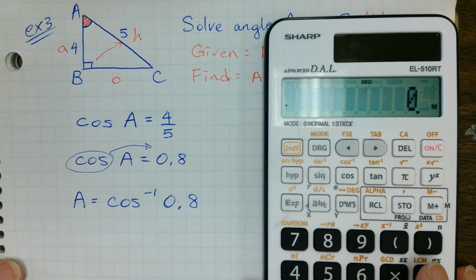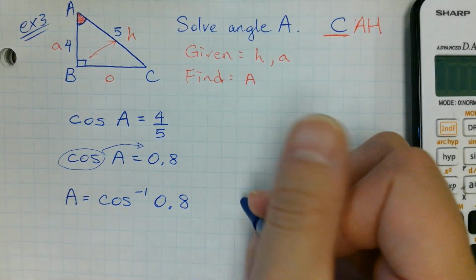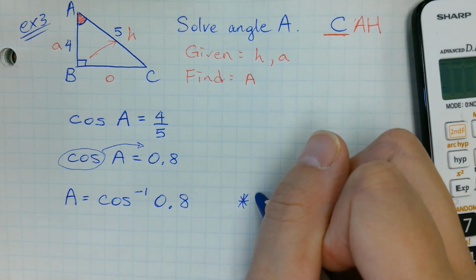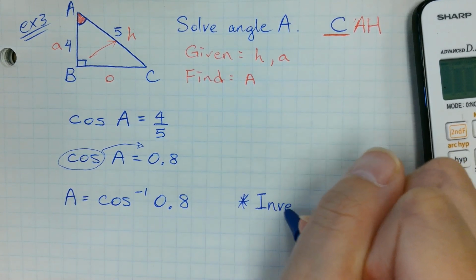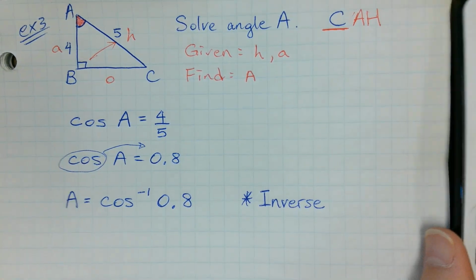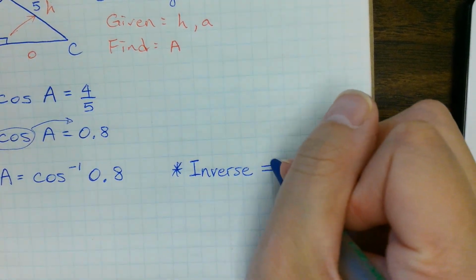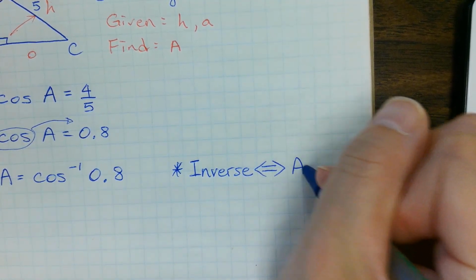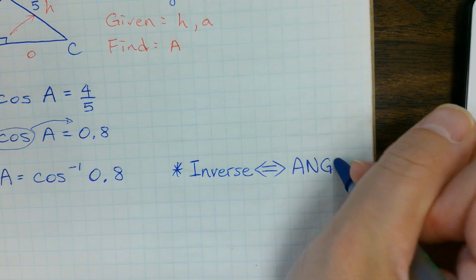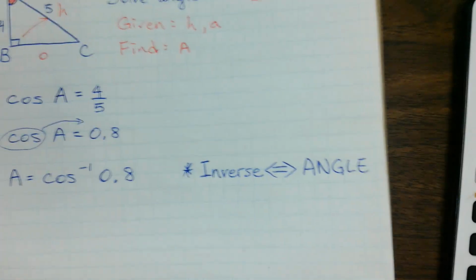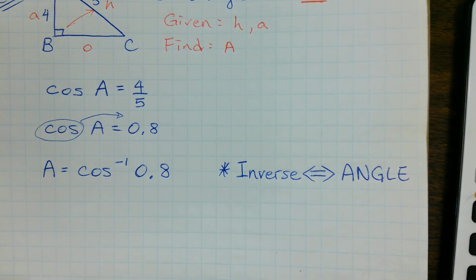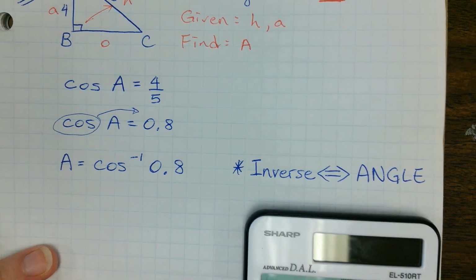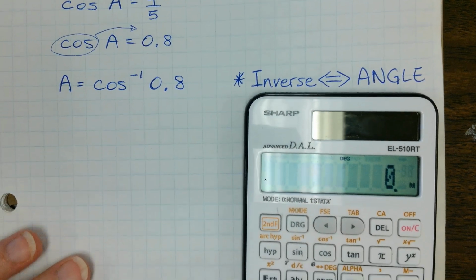Okay. So let me write that on the side. Inverse. It's called inverse. Okay, and you always use the inverse whenever you're looking for an angle. If you're not doing an angle, you'd never use the cosine inverse button. Okay.